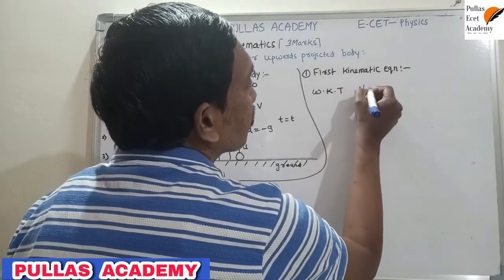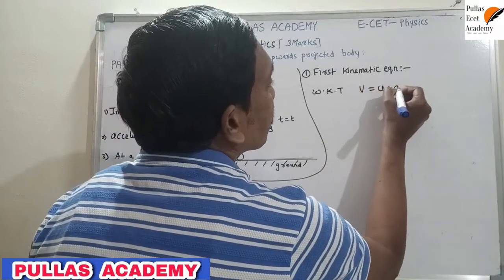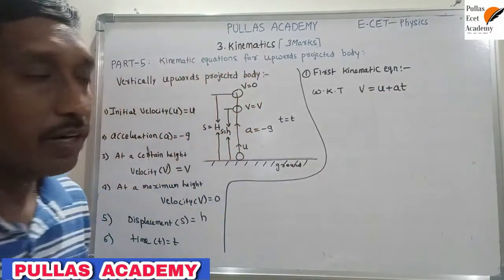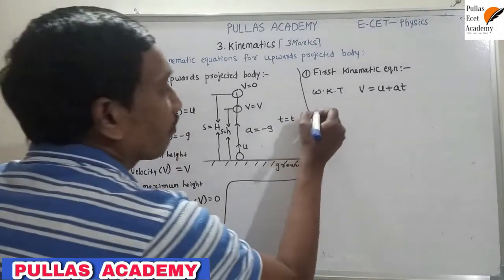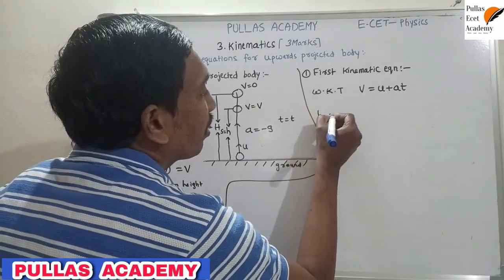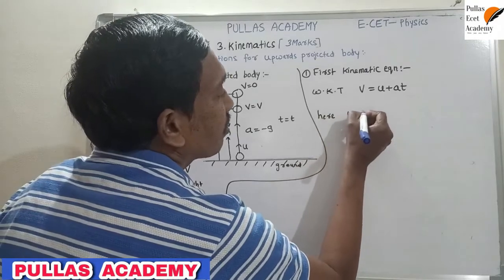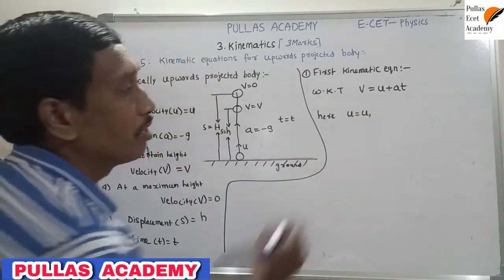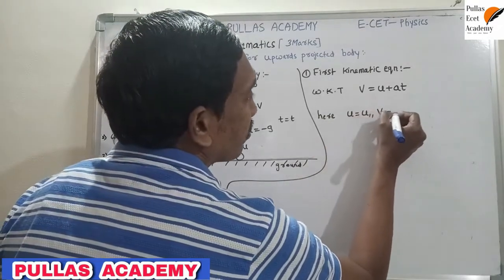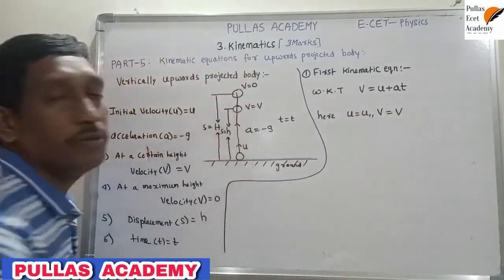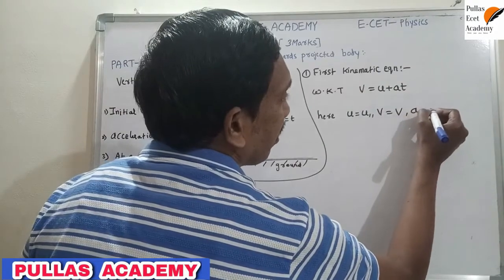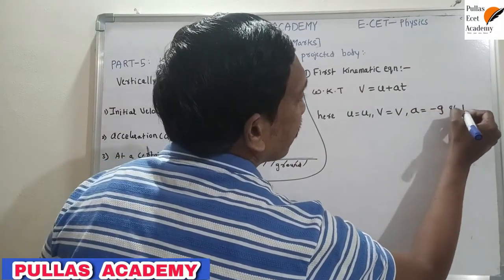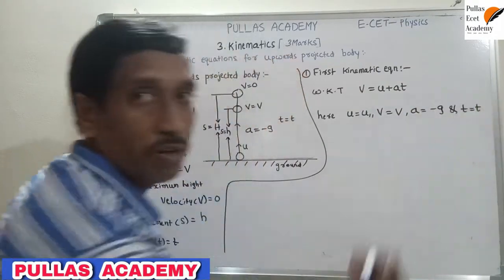What is the formula? v is equal to u plus at is the formula. But we need the expression for a vertically projected body. For a vertically projected body, here the initial velocity is u, and the final velocity is v. Suppose it reaches a small height h, and the acceleration is equal to minus g, and the time taken I consider small t.